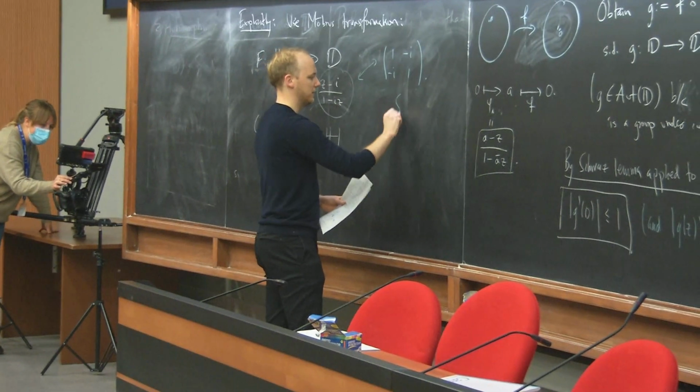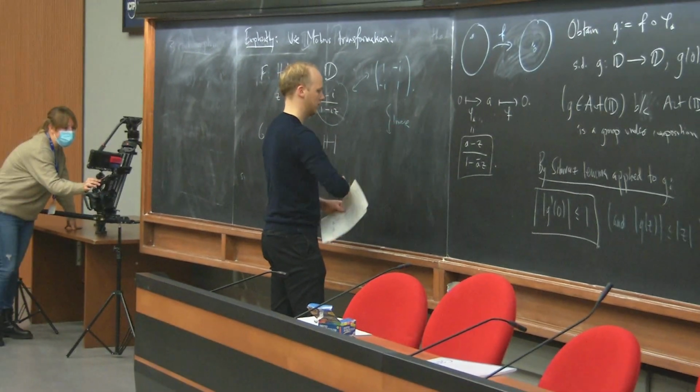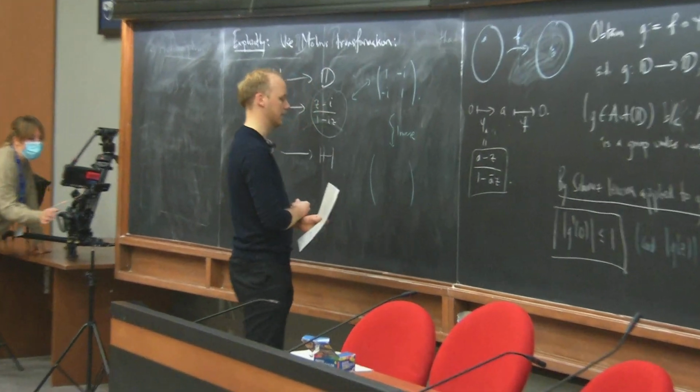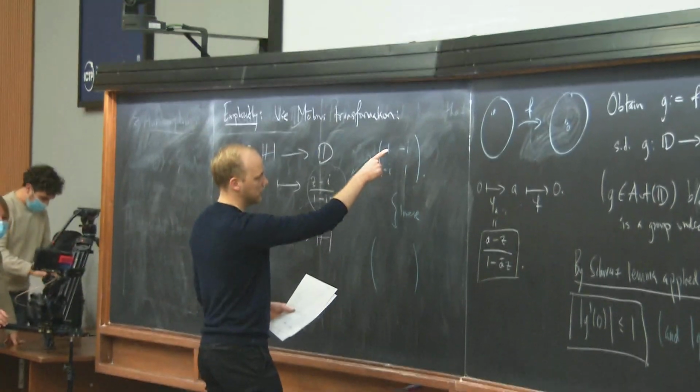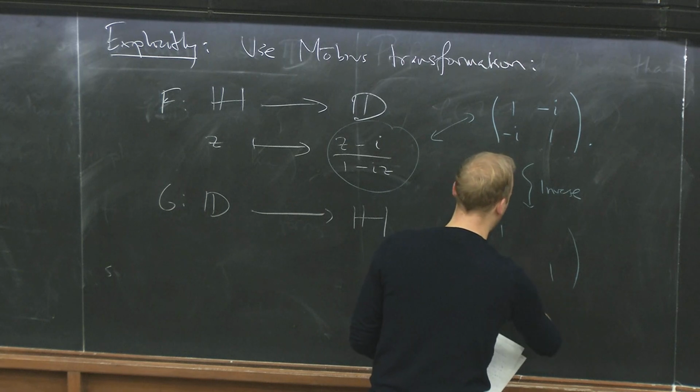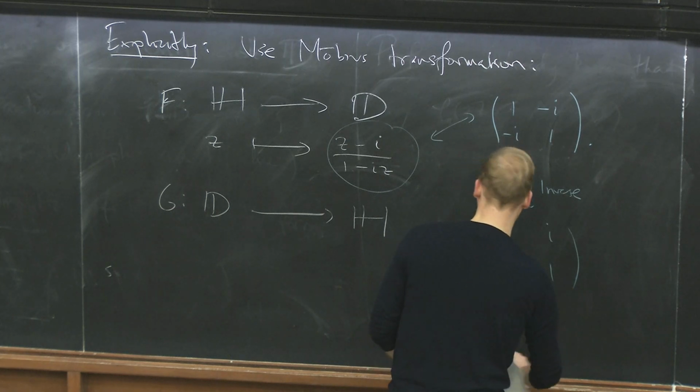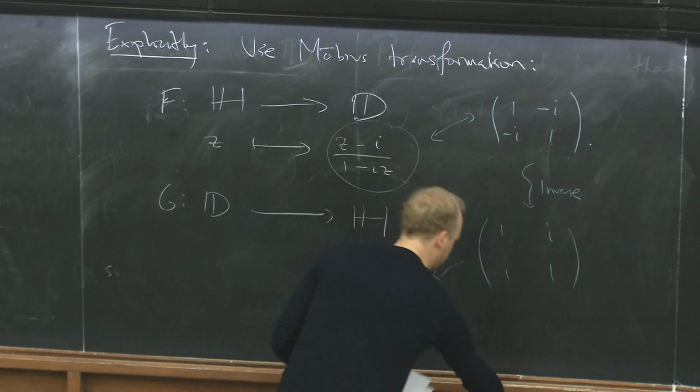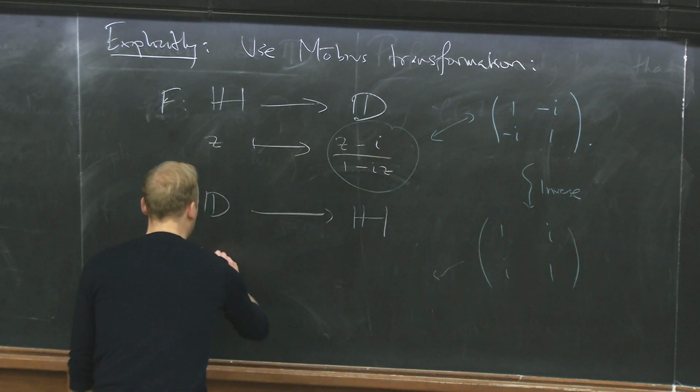Taking the inverse and not caring about the scaling of the determinant, we would switch places of these and switch the sign here. So we would get 1, 1, i. And then I can go back and tell you exactly what would be the inverse here.